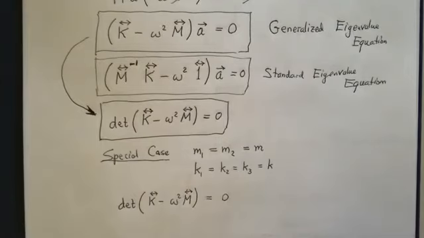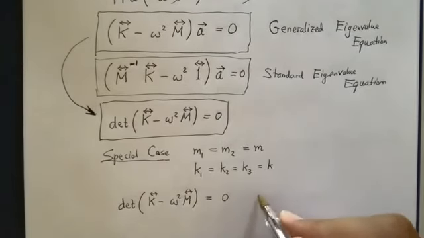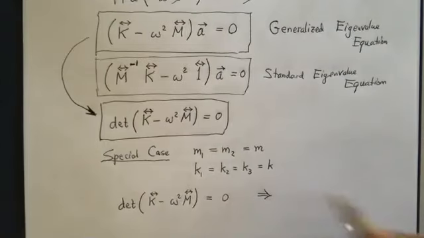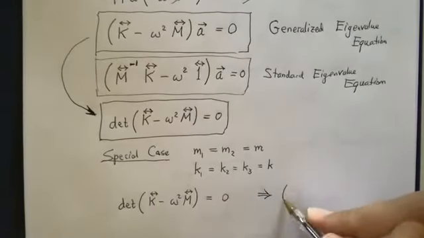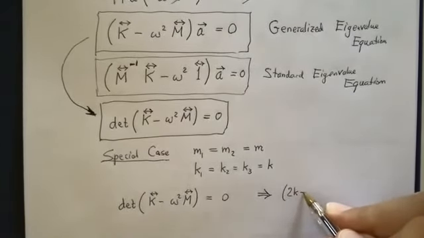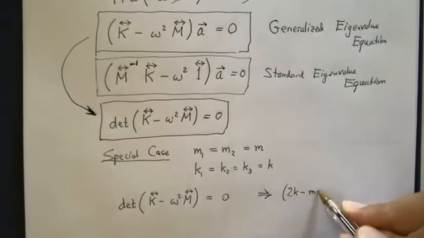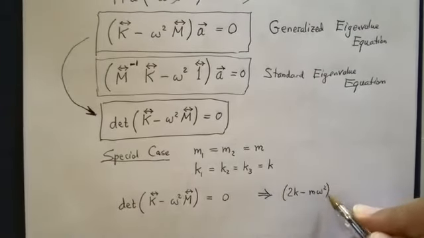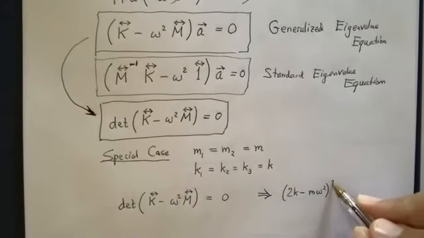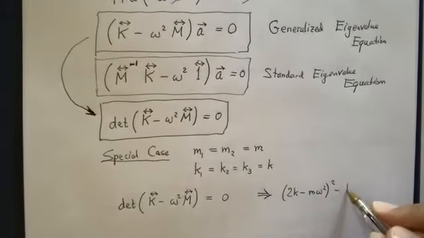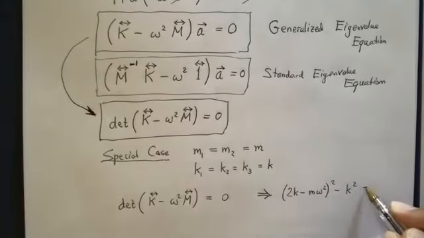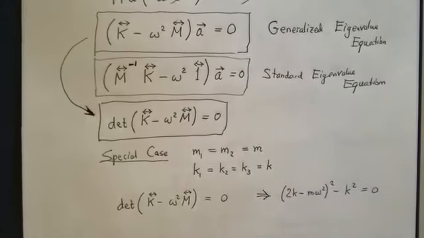So we do have an off-diagonal element, and we get the remarkable structure that emerges here. We get (2k minus m omega squared) squared minus k squared equals 0.